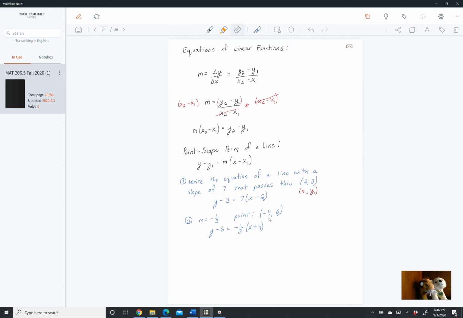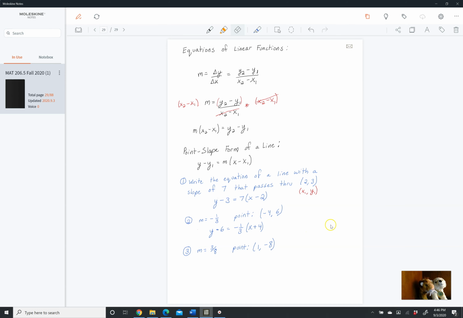Okay, let's do another one. This time, let's say that our slope is 3/8, and our point is (1, negative 8).